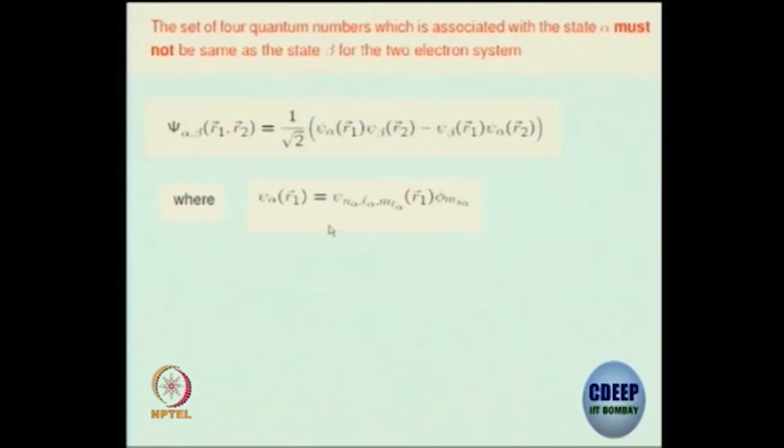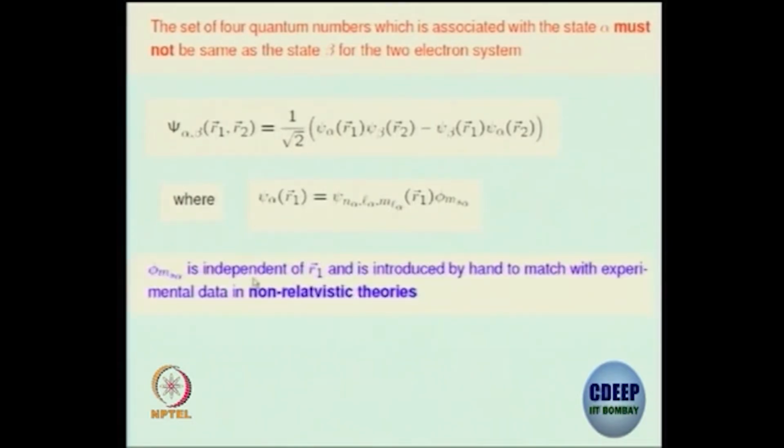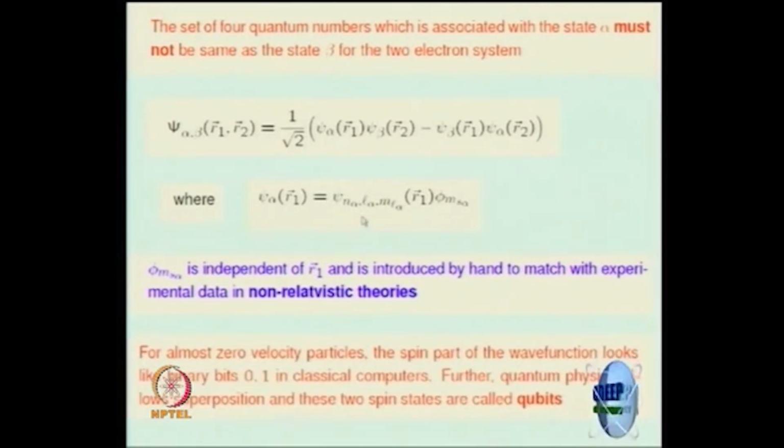So this is a formal way in which you can write your wave function as a product of the position space wave function times a spin state. A spin state does not have any projection on the position basis. It's an internal space. So this one is independent of R1 and it's introduced by hand to match with experiments in non-relativistic theory. If you take zero velocity, you can ignore that.